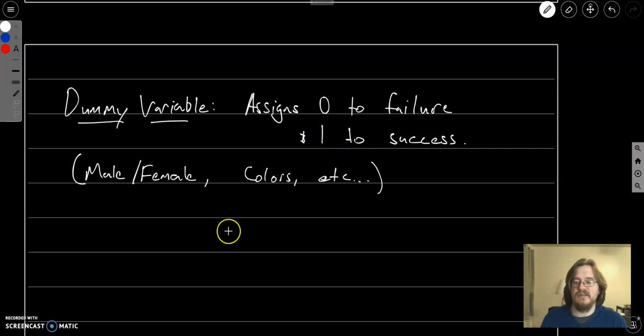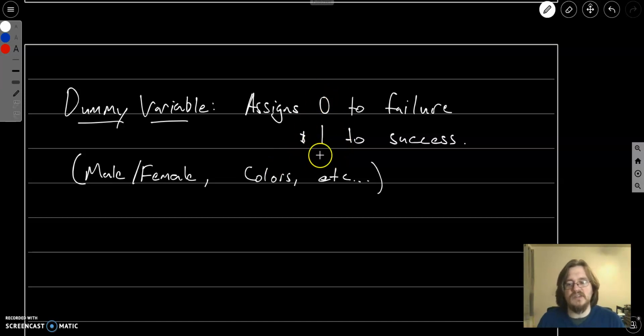So this doesn't take anything into account in terms of what the two choices are, but we're just going to assign a 0 to one and a 1 to the other one. And this helps distinguish between the two choices in a quantitative way, and it actually works quite well.